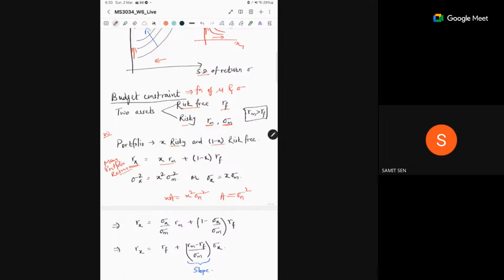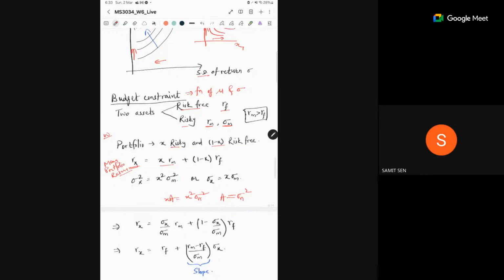From statistics class, we know that. So the portfolio variance would be X square sigma square m, and I can rewrite this in the form sigma x is equal to X times sigma m.